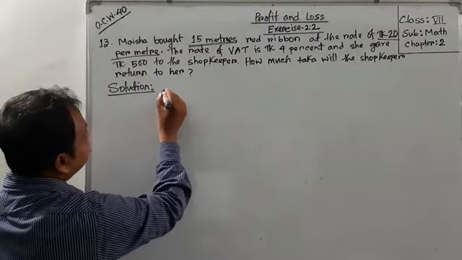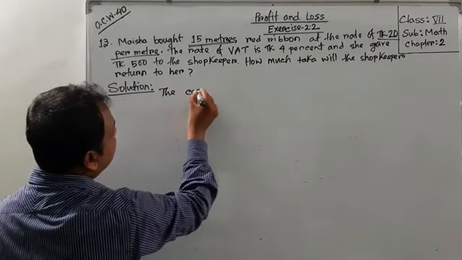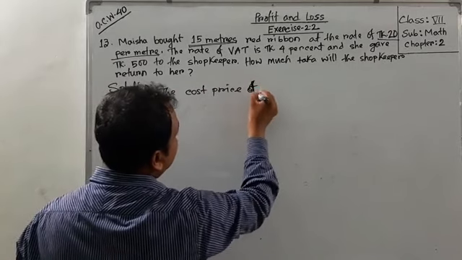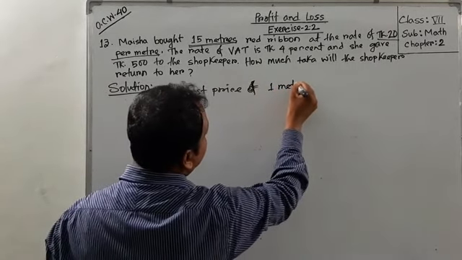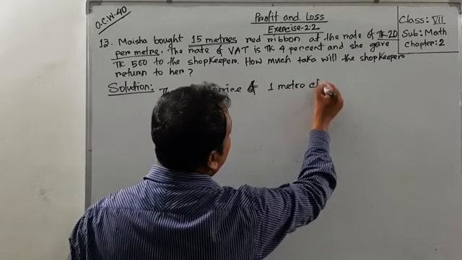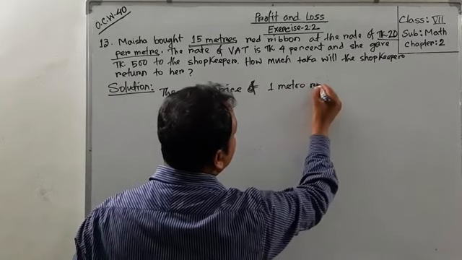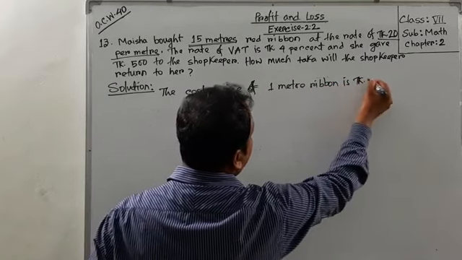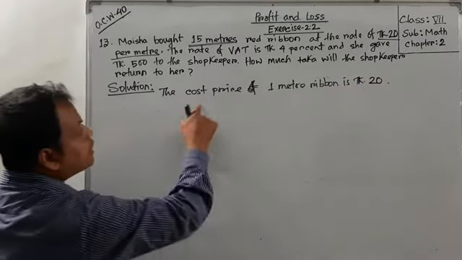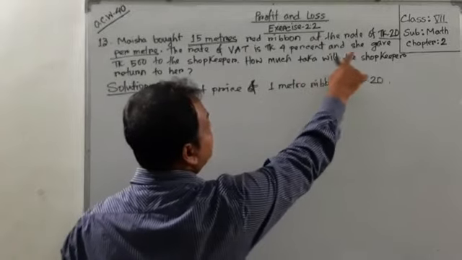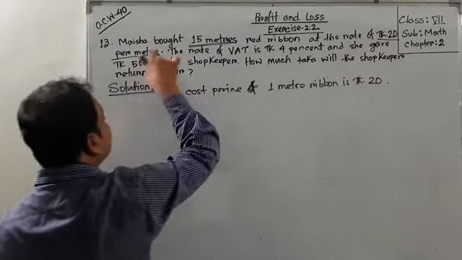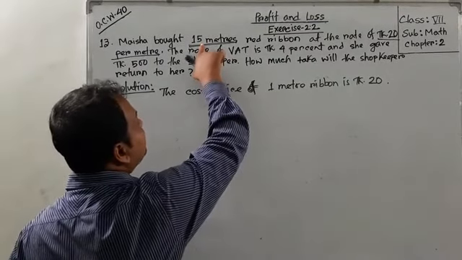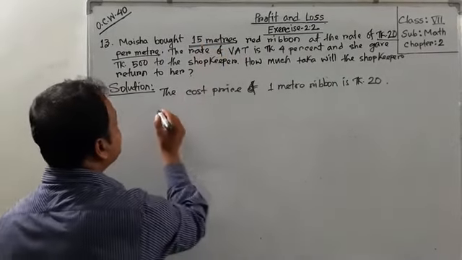So we can write the cost price of 1 meter ribbon is taka 20. We have got it from taka 20 per meter. Then, instead of 1, we have to find the cost price of 15 meters of ribbon.